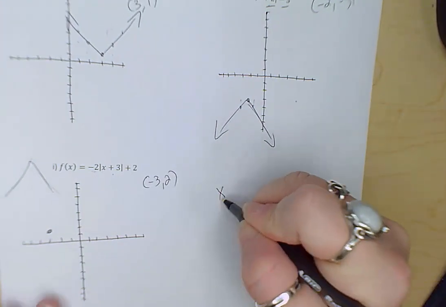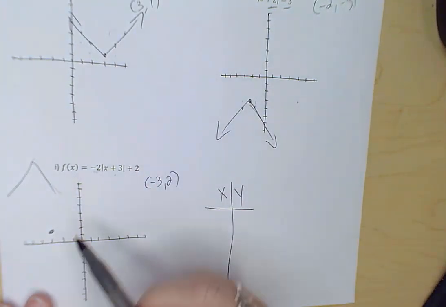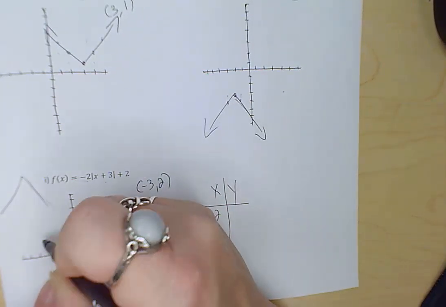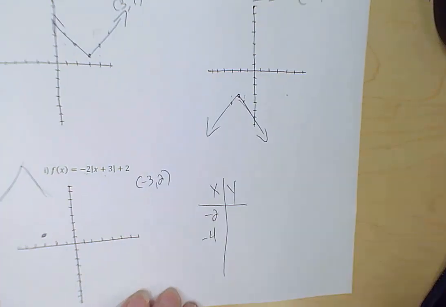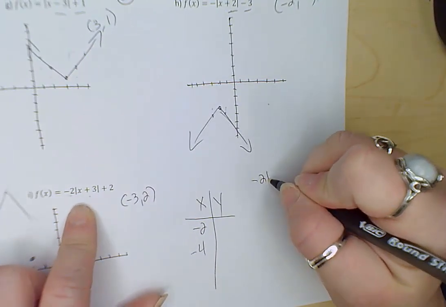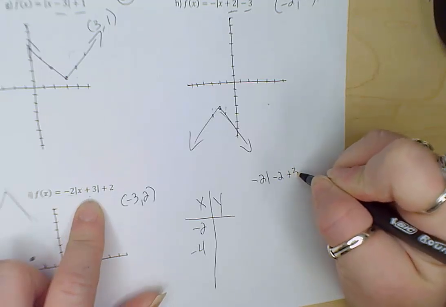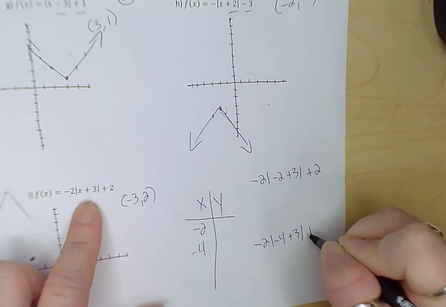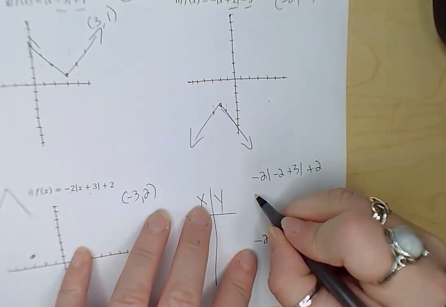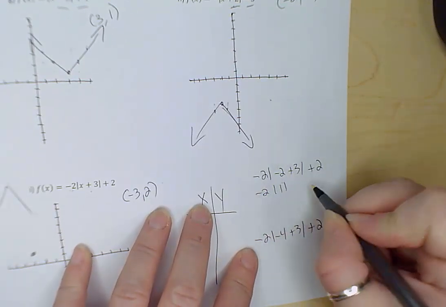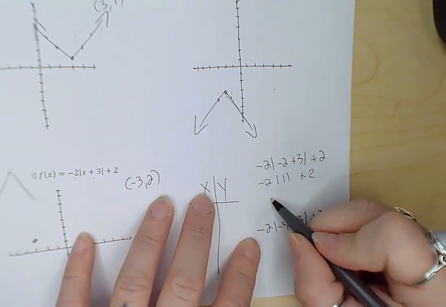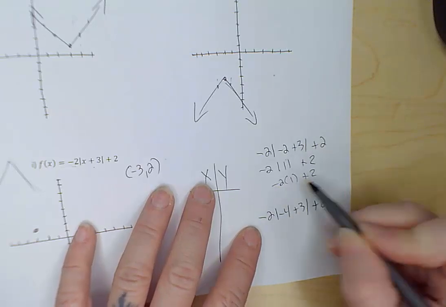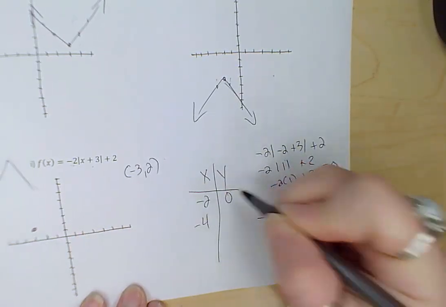So I am going to do an XY table using the X values on either side. That means a negative 2 and then a negative 4 when I plug that in. So let's see, negative 2 and then a negative 4 are the 2 points I'm going to be calculating here. So negative 2 plus 3 is a 1. Absolute value of 1 is just a 1, which means we're left with a negative 2 plus 2, or a 0.